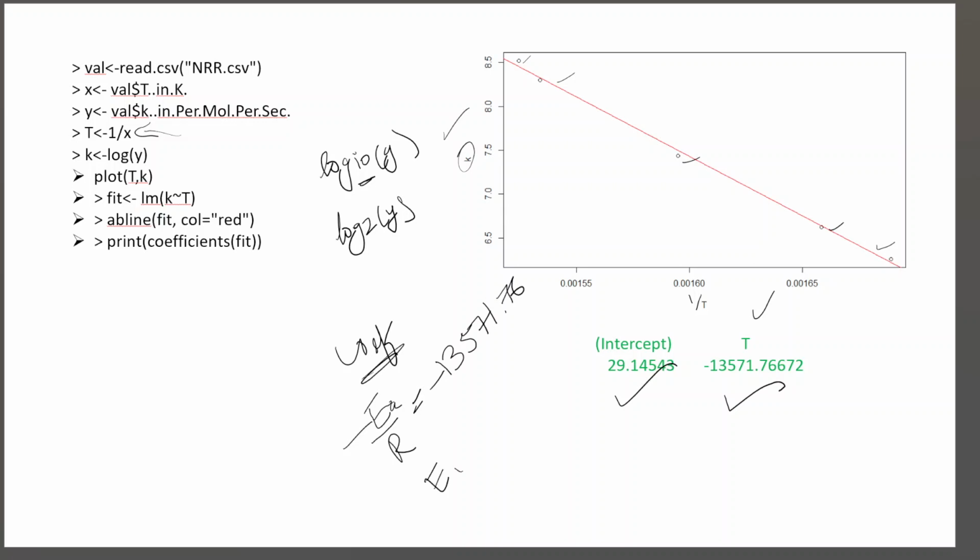Now the minus signs cancel, then EA is equal to 13571 into R. When you substitute the R value according to the units, you will directly get the value in their respective units. So this is how you have to find the activation energy value.